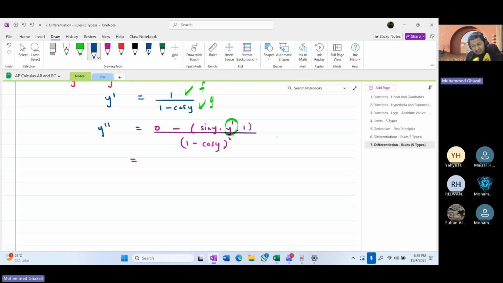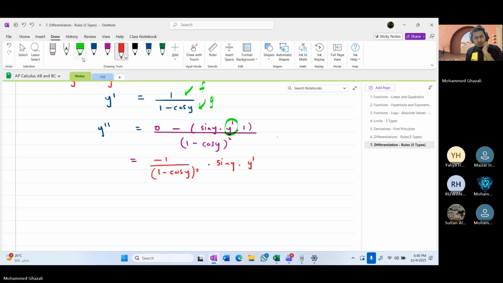So let's rewrite this. I'm going to write it as a split here. 1 divided by, see, I'm splitting this term. So I'm going to say negative 1 over 1 minus cos y all squared times sine y times y prime. You understand this? I just separated one part from the other.